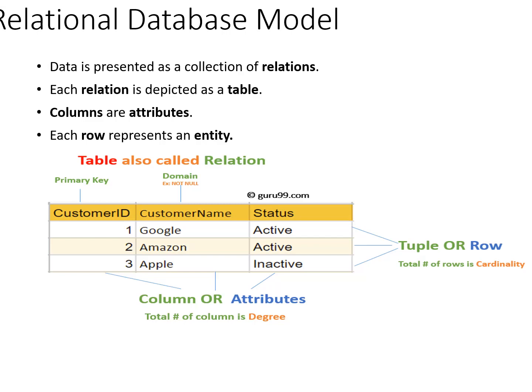A relation is depicted as a table, and the columns represent the attributes, which are nothing but the characteristics. If you consider the customer table, customer ID, customer name, and status are the attributes. And each row is one particular tuple. This is just a recap.